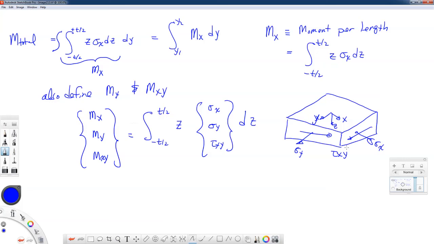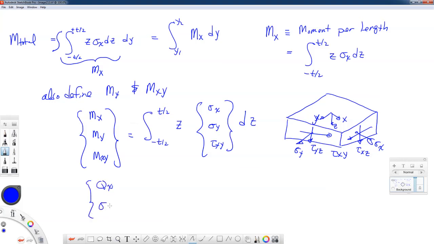Now, although we've neglected the strains through the thickness gamma xz and gamma yz, it's going to turn out that we're not going to neglect the stresses and their contributions to the vertical shearing forces. And so, again, based on our coordinate system, we can define shearing stresses this way. This would be tau xz, it's on the x face in the z direction, and we can have a shearing stress that goes down this way. It would be tau yz, it's on the y face in the z direction. And in a similar way, we can define some shearing forces per length.